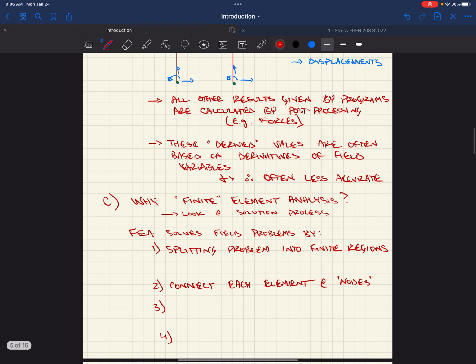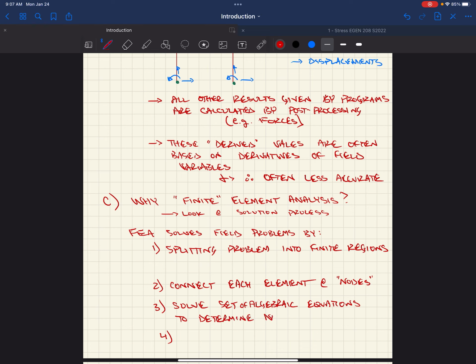Once we have split up our system into finite regions, into elements, and those finite regions have nodes on them, we really just solve a set of algebraic equations to determine our nodal values of this field variable.